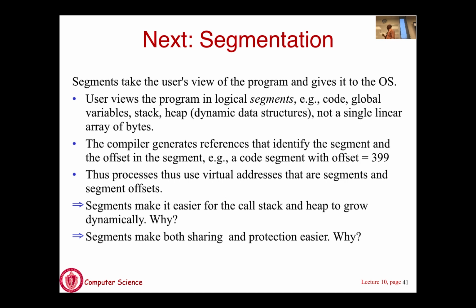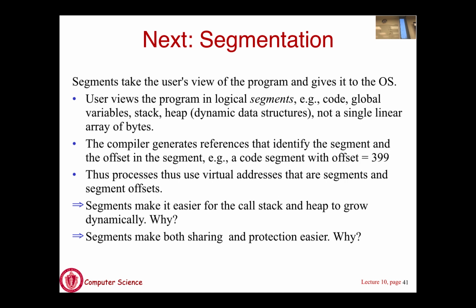Then let's allocate some memory for the stack segment, so you put the stack here, and then the heap. You take each of the segments of a process and allocate it contiguously, not the entire process contiguously. In contiguous memory allocation, you took the entire chunk and put it in one place in memory. Here you take the text segment and put it contiguously, take the stack and put it contiguously, then the heap, and so on. This is called segmentation.